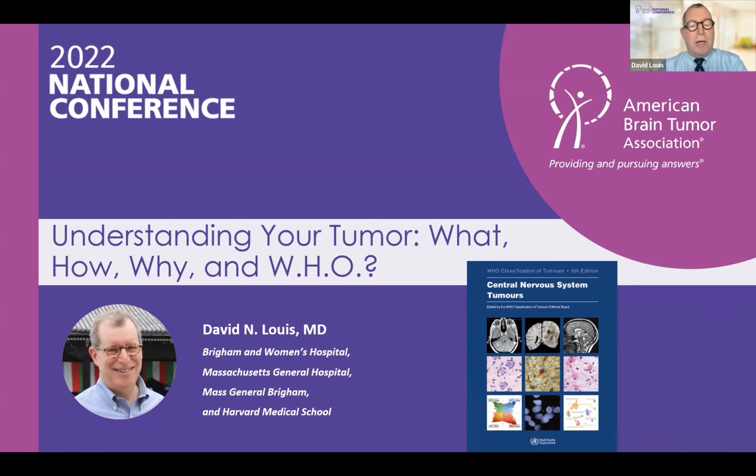As you heard, what I'm going to talk to you about is what goes on to analyze a tumor, why is that done, and how does that change over time? And the reason this is important is, as all of you know, the type of tumor determines the therapy and it determines the prognosis.